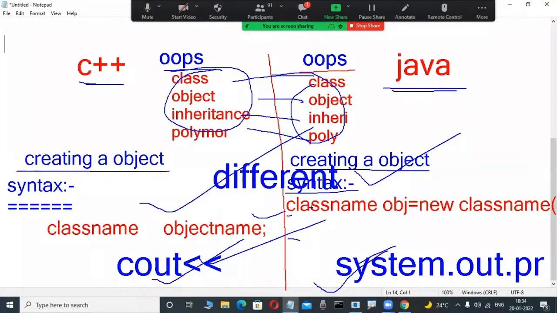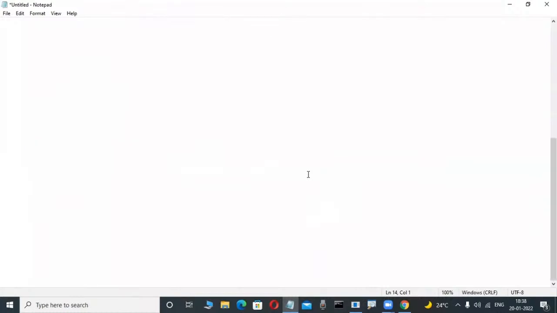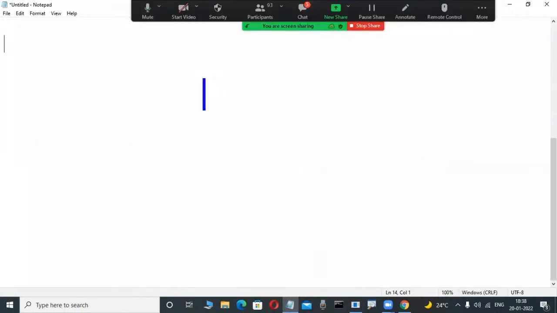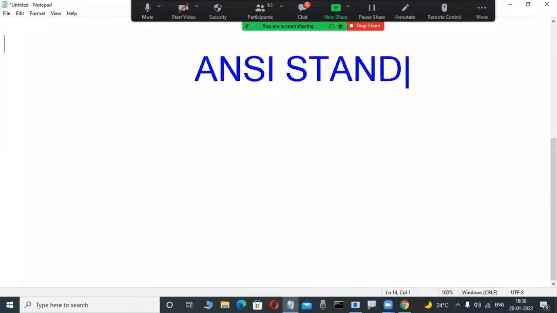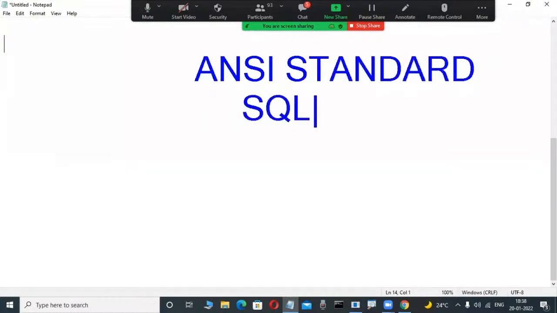Same here also. Actually, SQL is an ANSI standard language. ANSI, the American National Standards Institute, defines some standards for the SQL language. This ANSI standard language is used to operate all the relational databases.